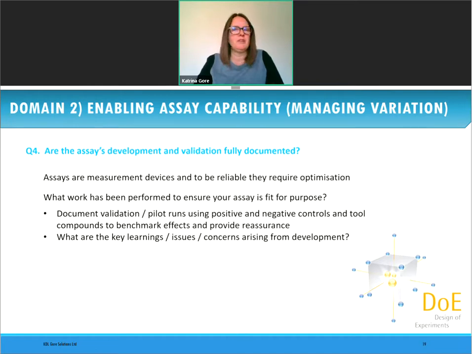Have you run positive and negative controls through your assay, tool compounds? Have you benchmarked the effects so that you can provide reassurance that your assay is fit for purpose and ready for a project to use, or make yourself comfortable that you feel it's ready for you to use? What are your key learnings, your issues, your concerns that have arisen from the development? They will tell you about the capability of the assay going forward.